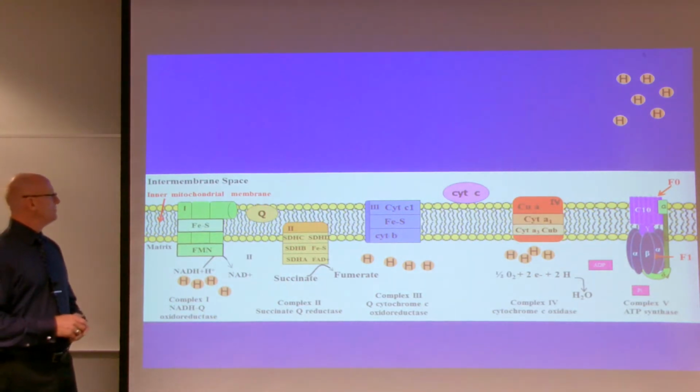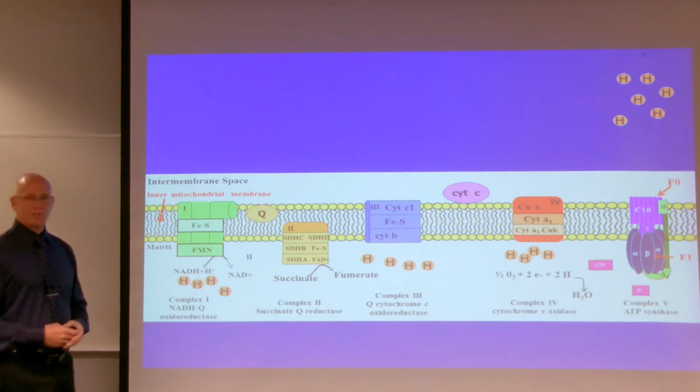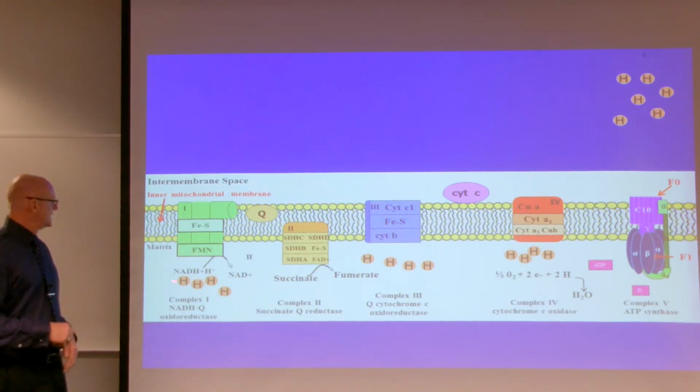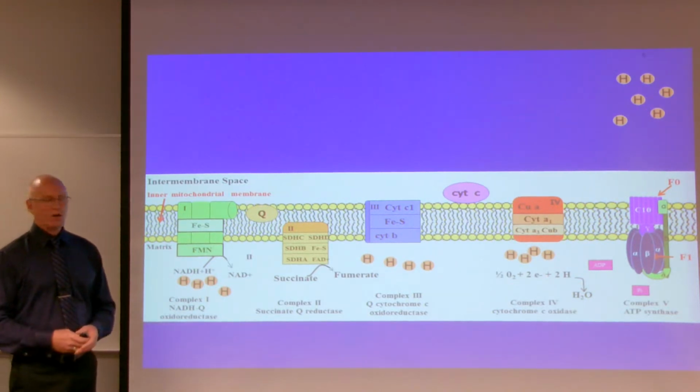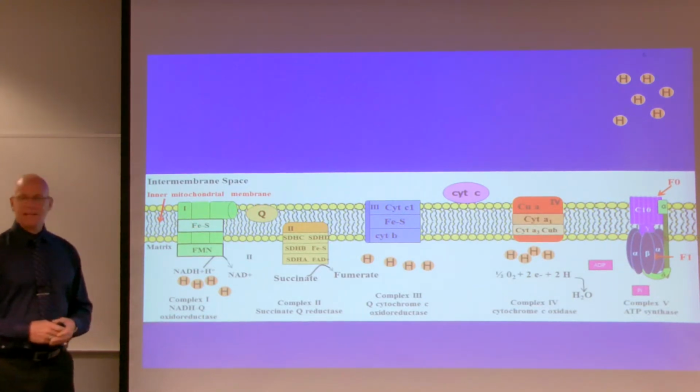Now, let me identify this structure. This is the intermembrane space, the inner mitochondrial membrane, where these protein complexes are embedded, and this is the matrix of the mitochondria. So this is complex 1. It's called NADH Q oxidoreductase, also referred to as NADH dehydrogenase.